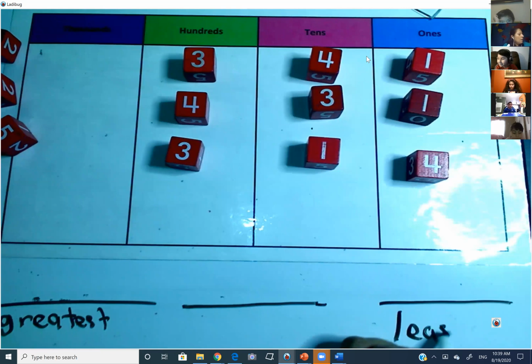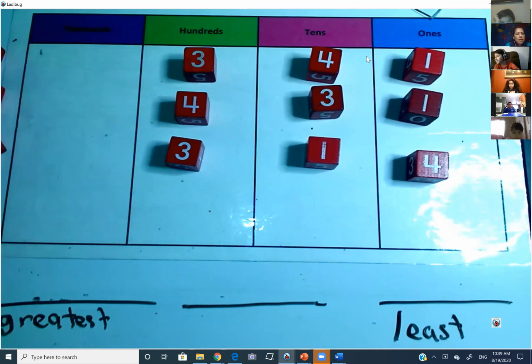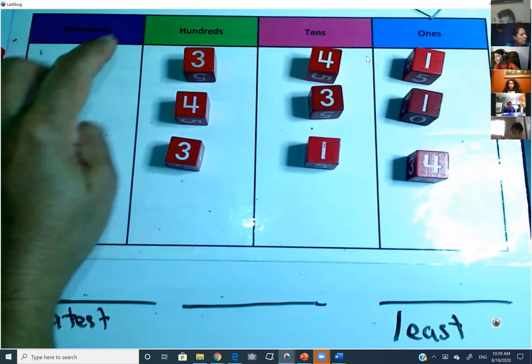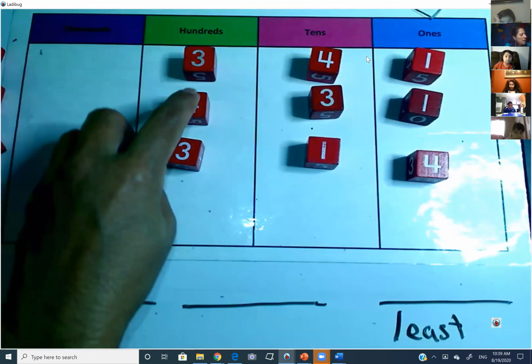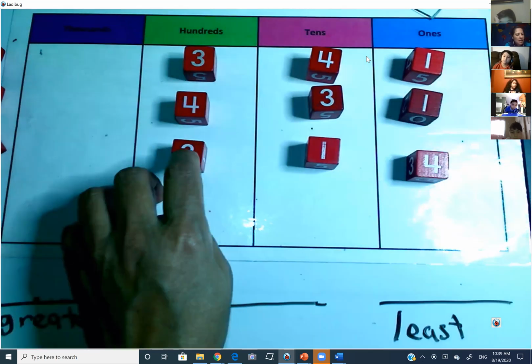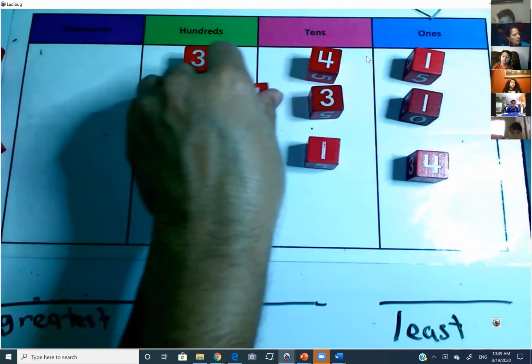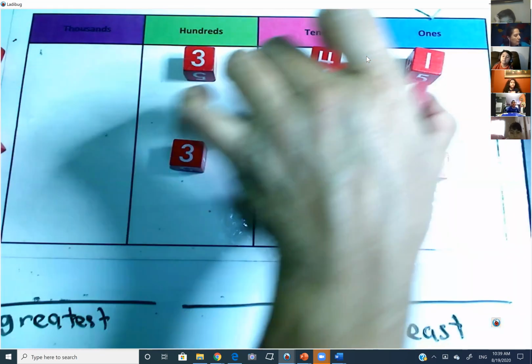Now, so far, all of them have 5,000, so I cannot know which one it is. Now, when I look at the hundreds place, I have 300, 400s, and 300s. Because I'm looking for the greatest number, the 400 is the greatest, so that means this number, 5,431, is my greatest number, and that should be placed here.